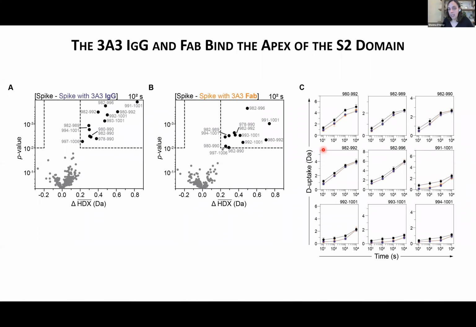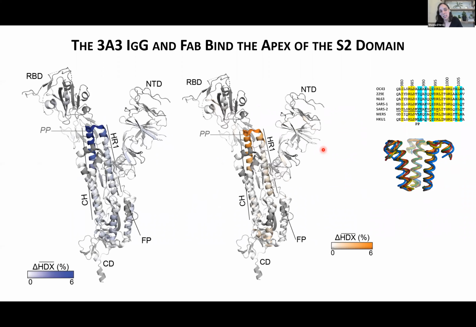So now if we map this onto the spike protein structure, so this is the structure of the monomer. In blue, I'm showing the data for IgG. In orange, I'm showing the data for the Fab. They're essentially identical, but you can see we clearly localize the binding, or the epitope, to the apex of this S2 domain.